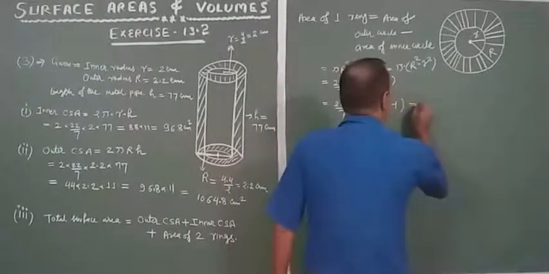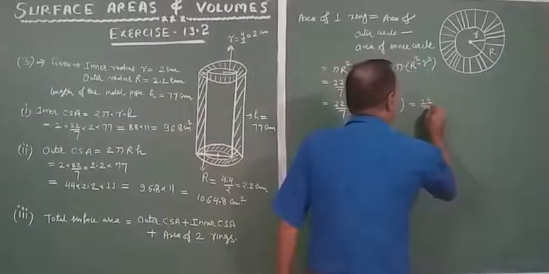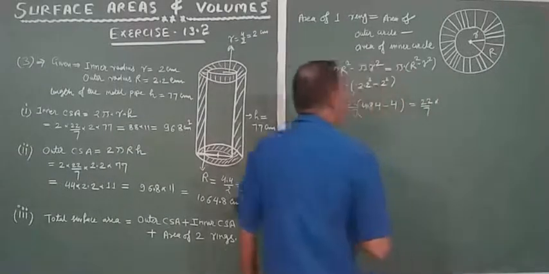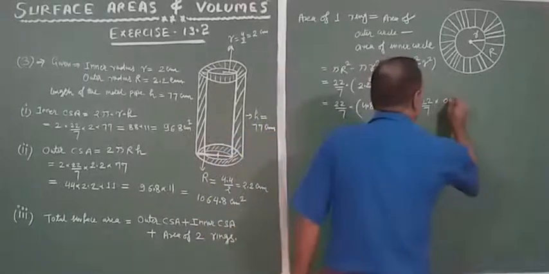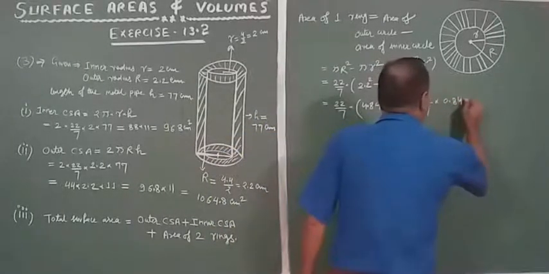Simply subtract: 4.84 minus 4, you will get 0.84.